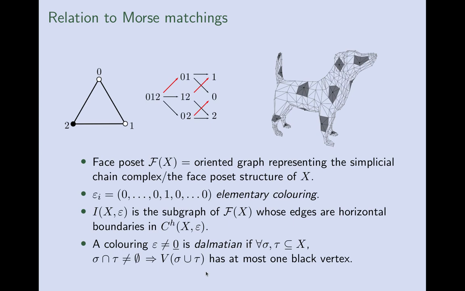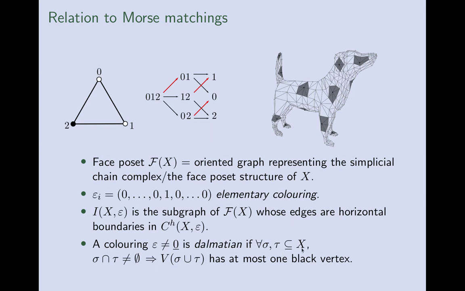If you take any pair of simplices inside X and they intersect, then the vertices in their intersection can contain at most one black vertex. Here in the top right, you can see a triangulation of the two-sphere in which we see a Dalmatian coloring.